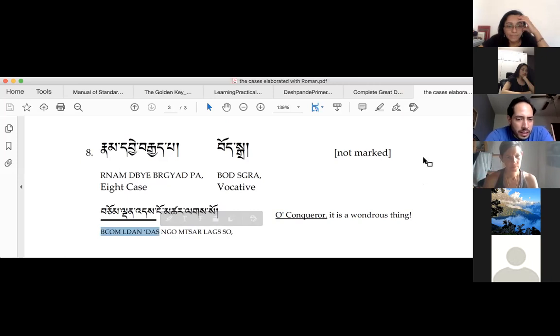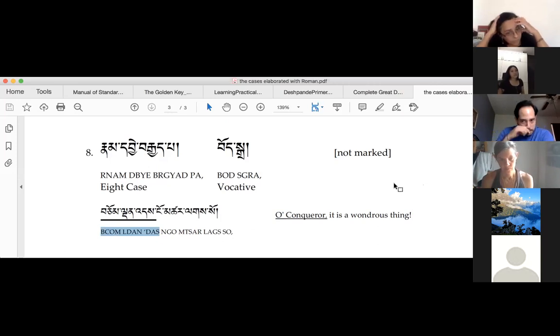But in English it also works if you just say conqueror. It's like if I say word, have you seen blah blah, instead of oh word, have you seen blah blah blah. If you say word, it's not the vocative case. It can function as it just by my intention. Or what about hey word? That will be vocative.